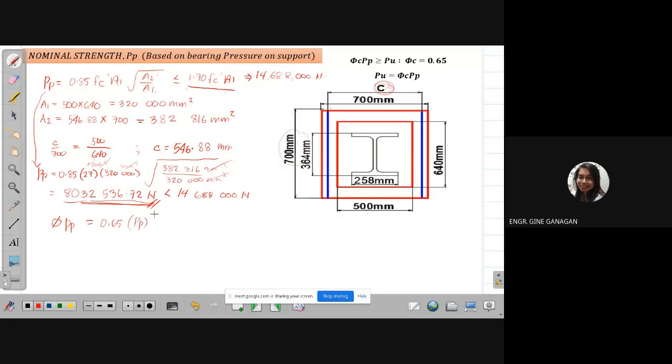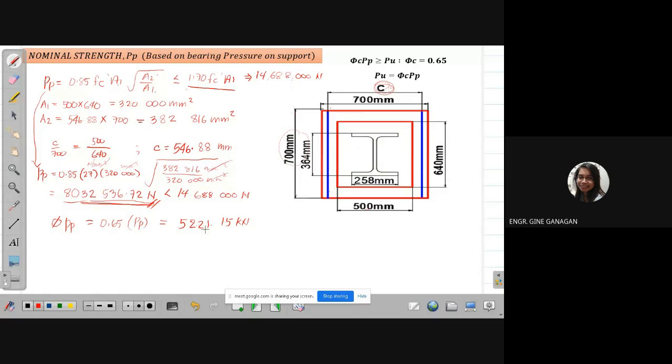So, ilan yung makukuha natin dito? 0.65 multiplied by, i-convert nyo na nga sa kilonewton. 5221.15, ma'am. 5,221.15 kilos.